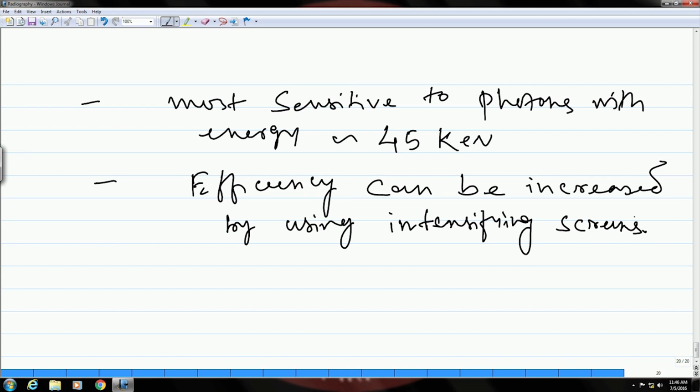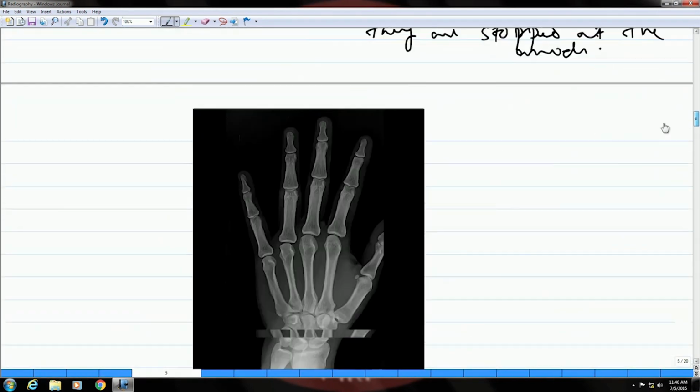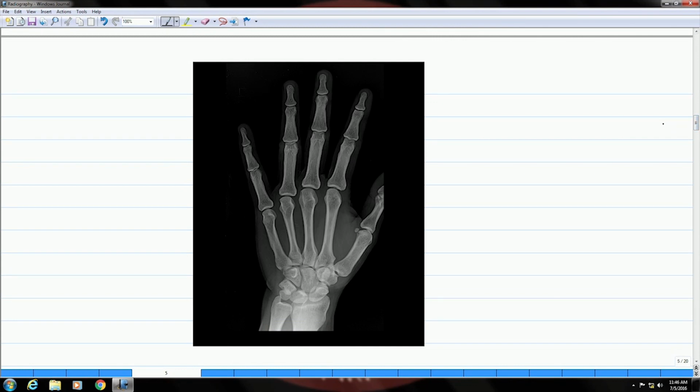Okay. So, now you can easily correlate, if you go back to that image that I showed you in the beginning, right, this one, why these bones are appearing white, because you have used this photographic film which gets darkened when it is exposed to X-rays, and as I told, this darkening will depend on the amount of energy which is falling on it.